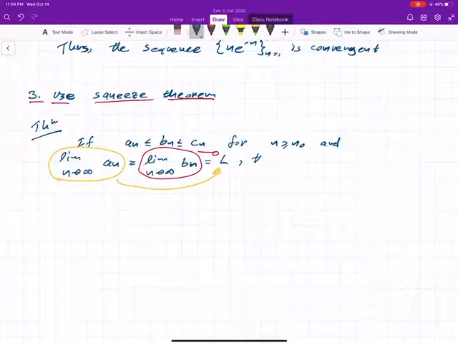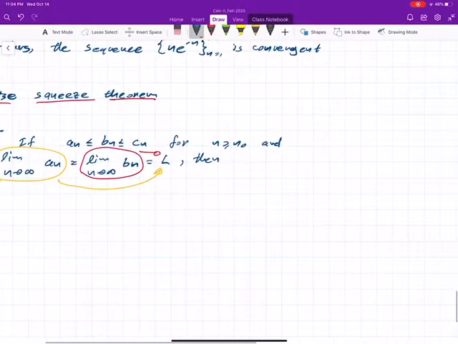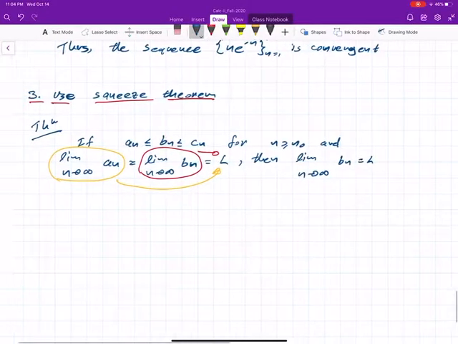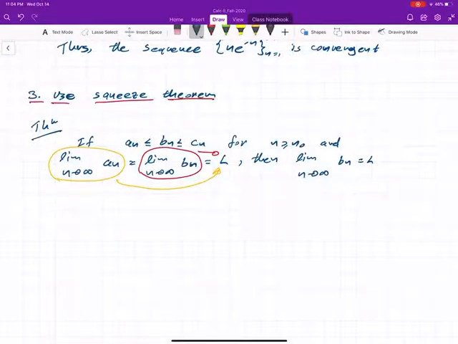Then we could say the limit as n goes to infinity of b_n is also L. This is a very easy theorem.